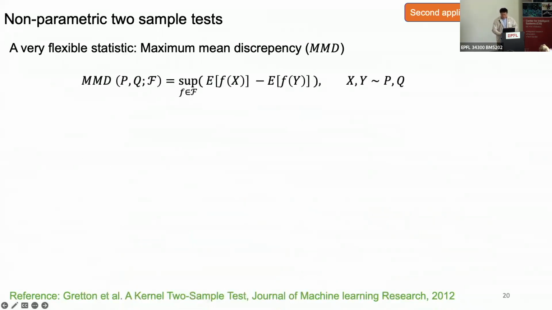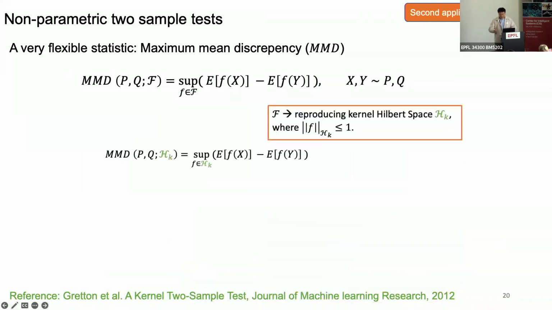Now, I'm going to introduce a general purpose test statistic, maximum mean discrepancy, MMD. MMD measures the difference between the distributions P and Q, which is the largest difference in expectation over all mappings, all functions. However, in reality, we only have limited data.